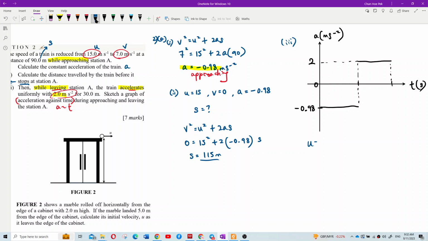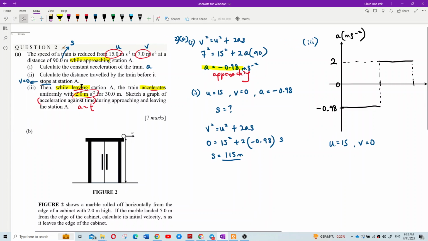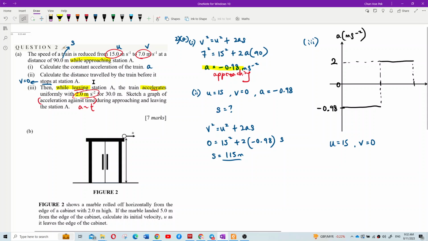Okay, start again. Start from u equal to 15 until v becomes 0. Before it stops, while approaching at distance 90 meter.